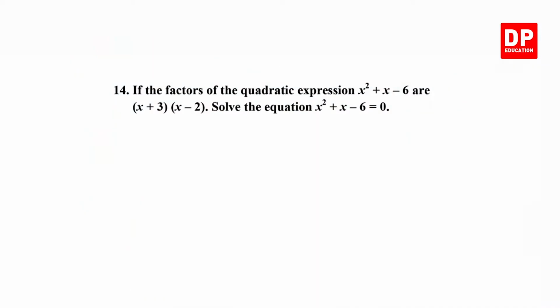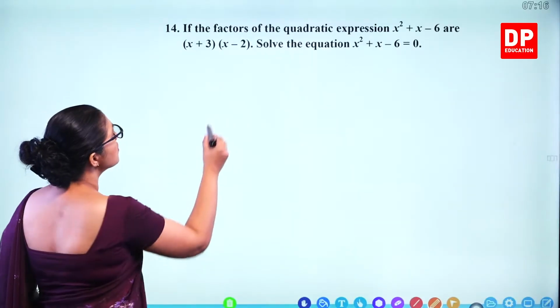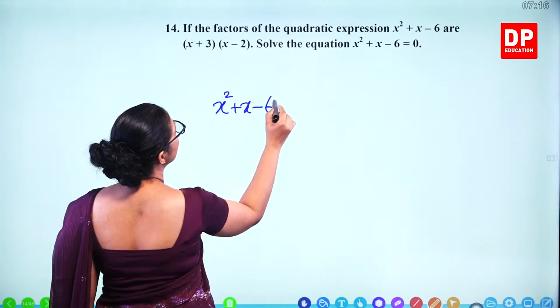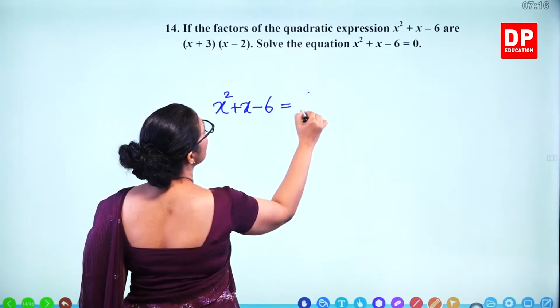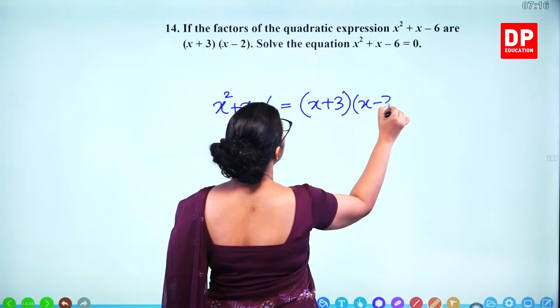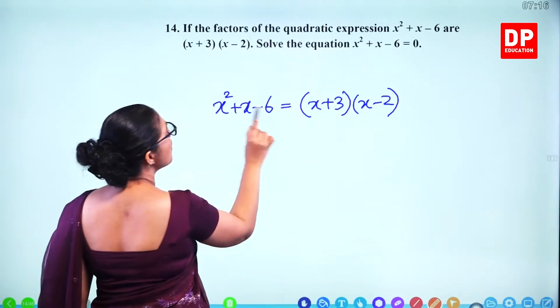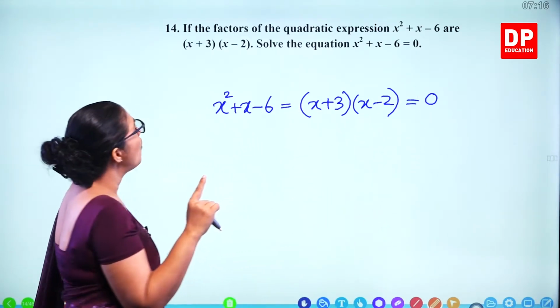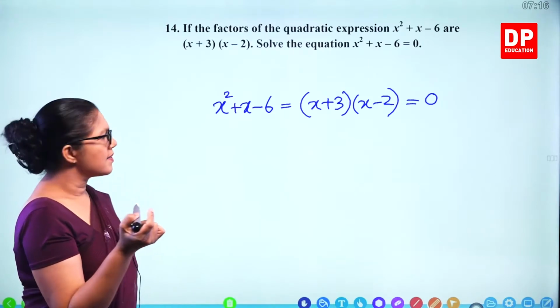Question number 14. If the factors of the quadratic expression are x plus 3 and x minus 2, and this is equal to 0, what are the values of x?